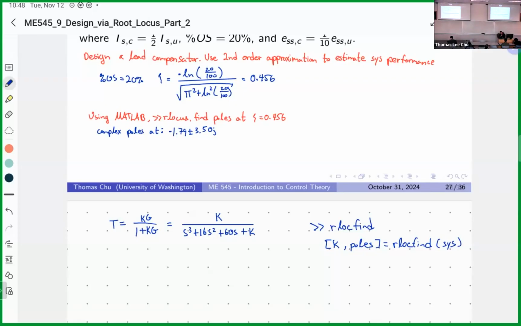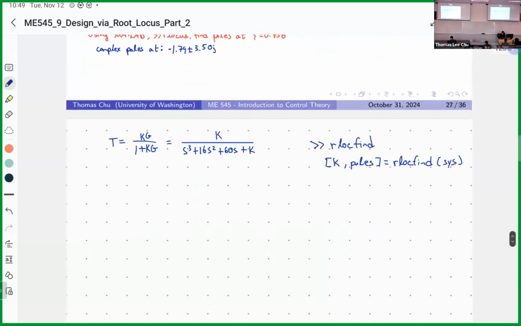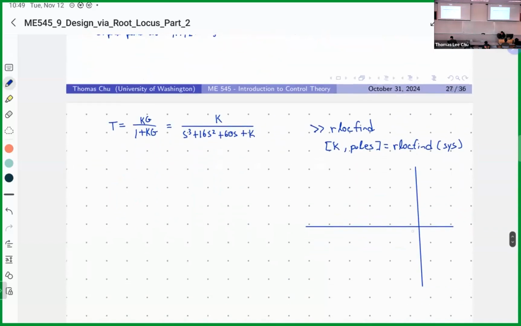But to actually answer your question about complex conjugate poles, one thing about this form, if I were to draw the root locus of this really fast, I know that we have a pole at the origin, a pole at -6, and a pole at -10. So our root locus is going to look something like this.